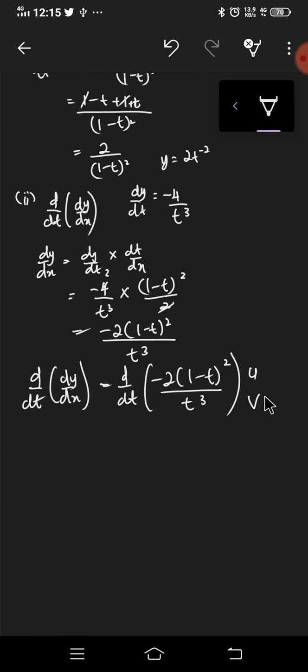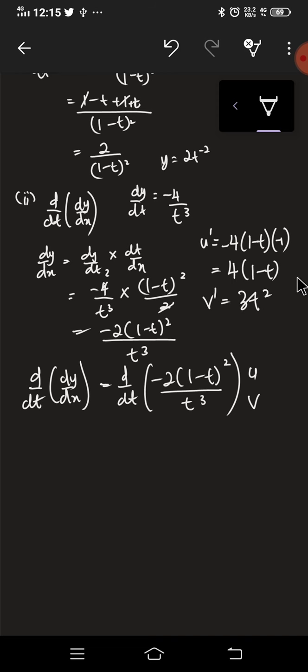This is u, this is v. So what is u prime? u prime is equal to negative 4 of (1 minus t) to the power of 1 multiplied by negative 1. So equal to 4 of (1 minus t). And v prime is equal to 3t squared.